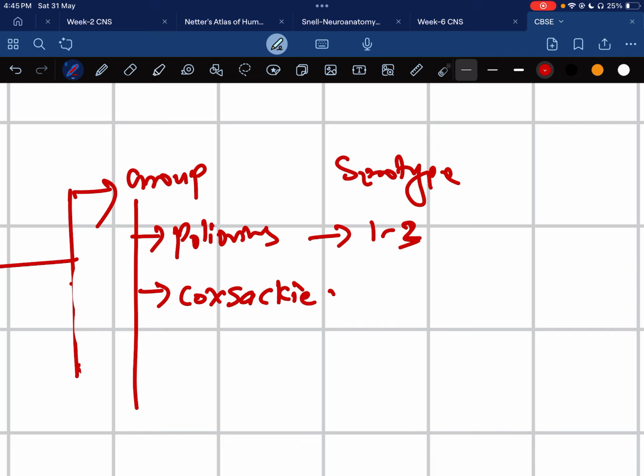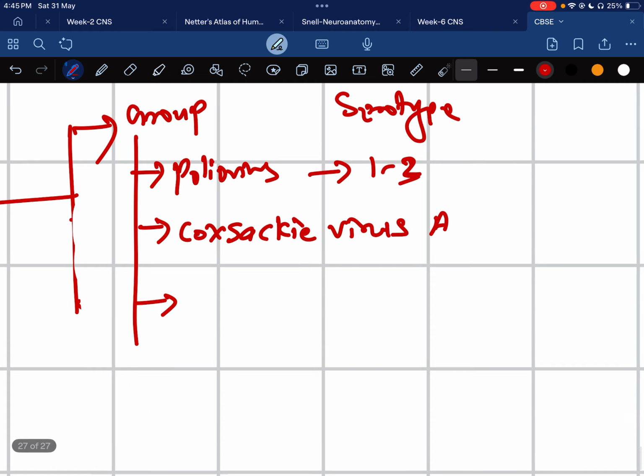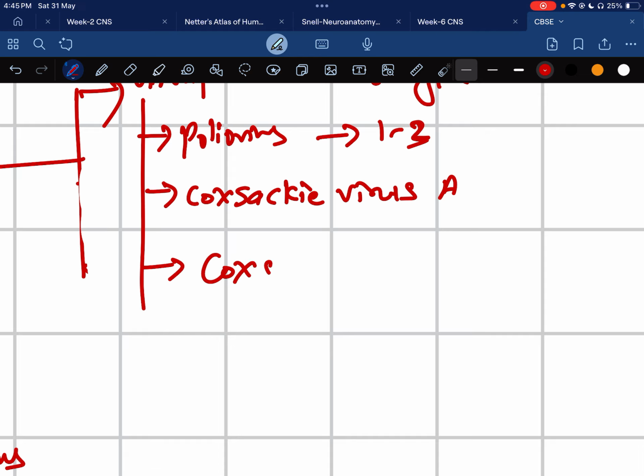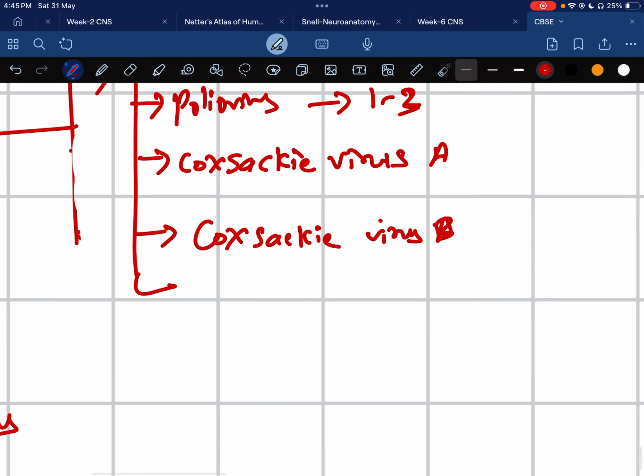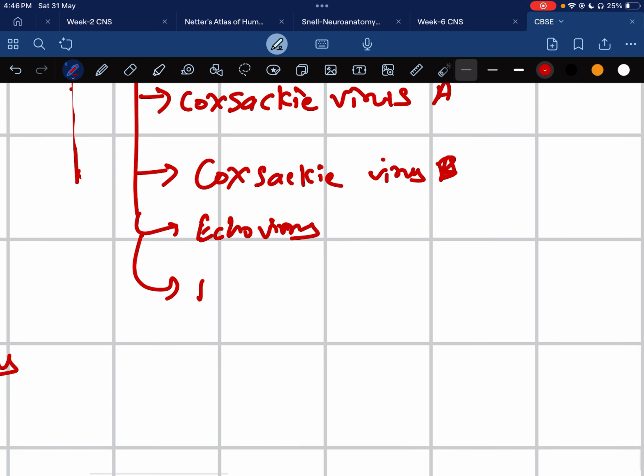Then there is Coxsackievirus A, Coxsackievirus B, then echovirus, then numbered enteroviruses.